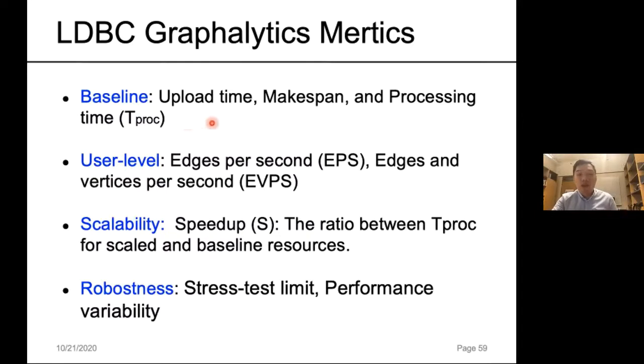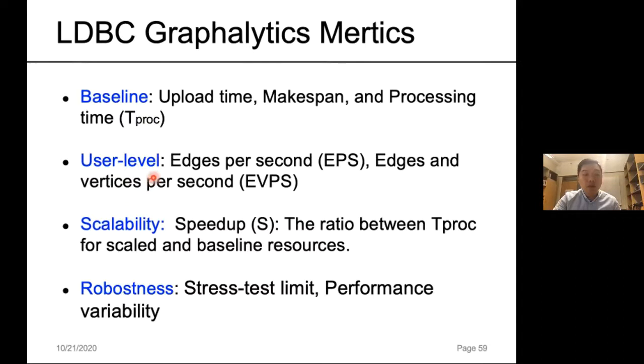The upload time defines the time required to pre-process and convert the graph into a suitable format for a platform. The makespan measures the time required to execute an algorithm from the start of the job until the termination. And finally, the processing time tproc measures the time required to execute the actual algorithm.